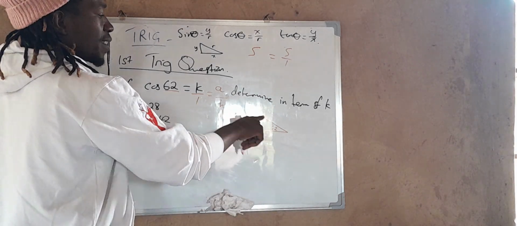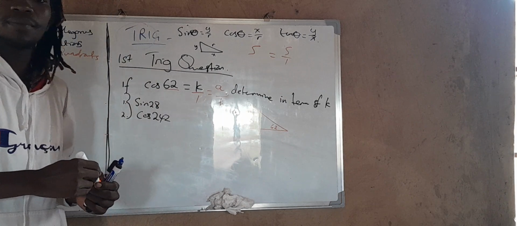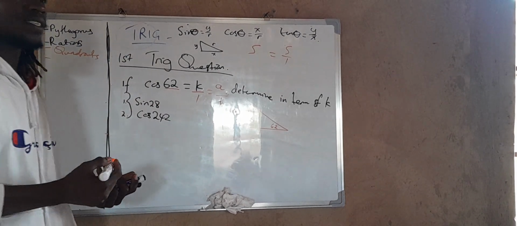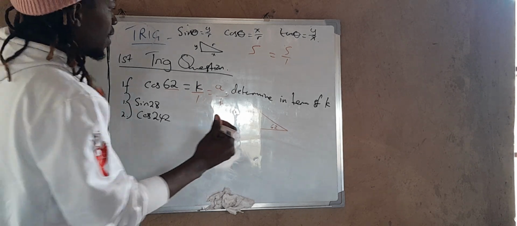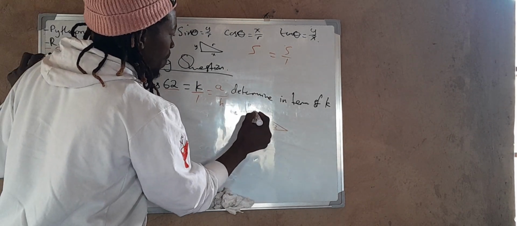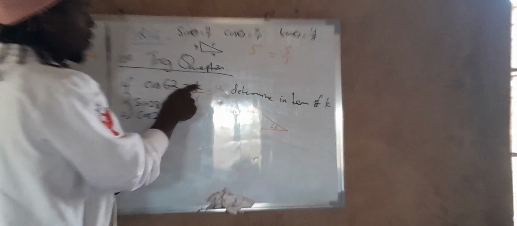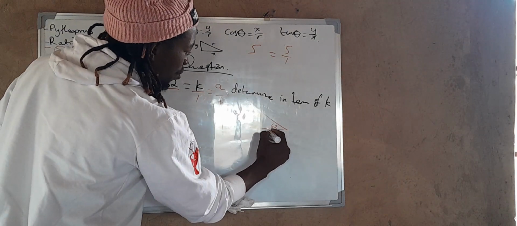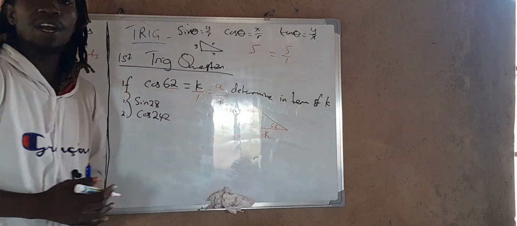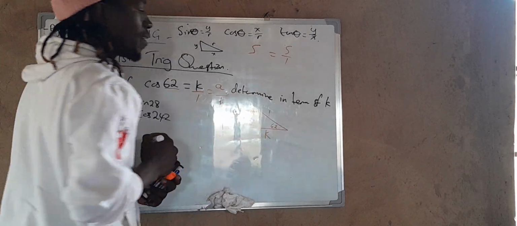So if this is our 62, what is the angle there? It will be 28 because the sum of angles in a triangle must give us 180, right? So this becomes 28. So now our angle is this, and our adjacent is k, so on the adjacent you are just going to place k. What about our hypotenuse? 1. So we are going to place 1 there, right?